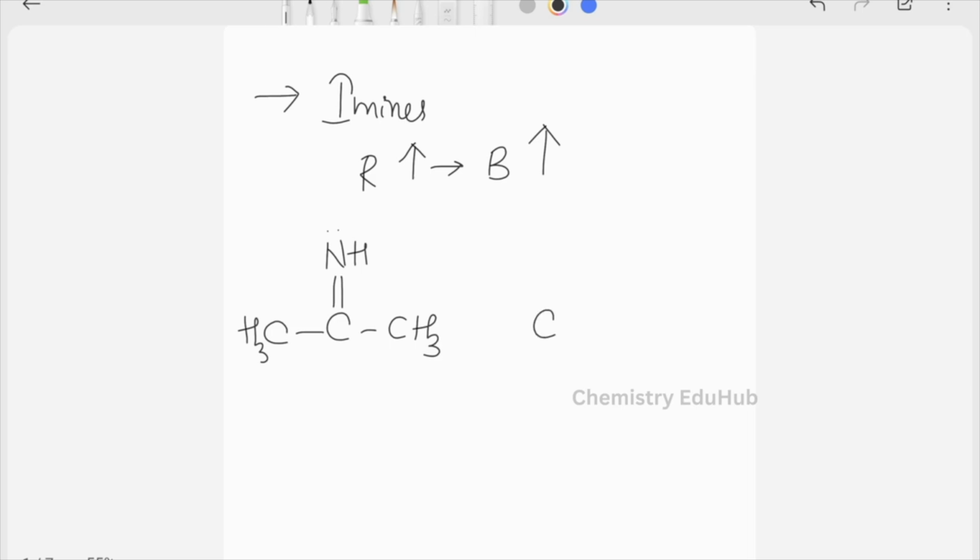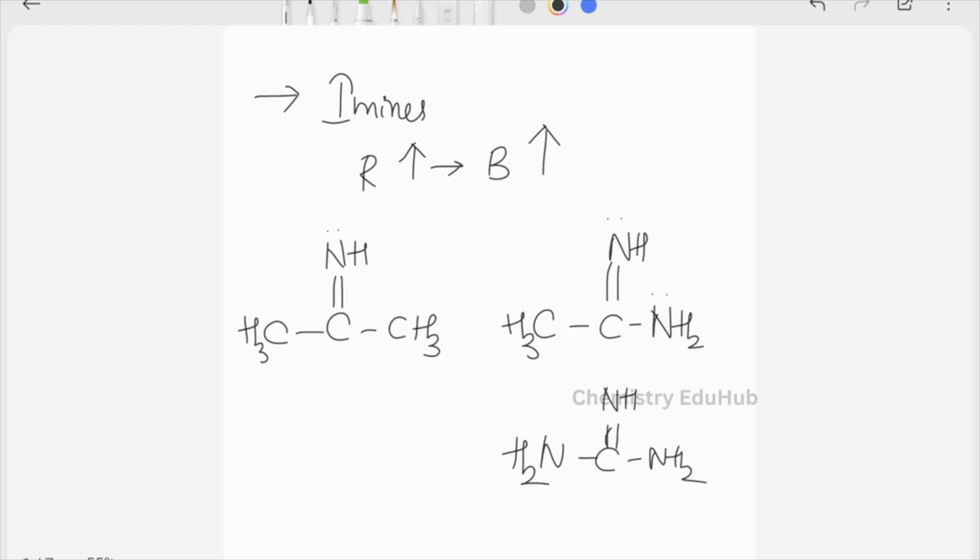Then we have CH3, monosubstituted imine. Then we have trisubstituted imine, disubstituted imines. NH2, carbon NH2, carbon NH.